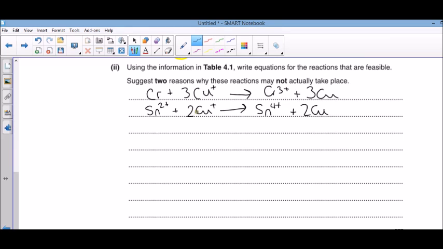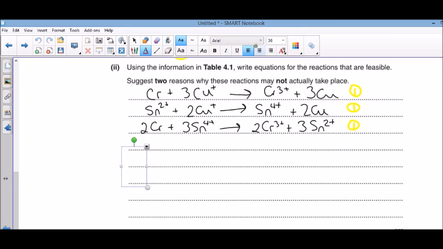Let's do that one: we've got 2 lots of chromium and 3 tin 4 plus, and that's going to make 2 Cr3 plus and 3 tin 2 plus. So there are 3 equations, and we're going to get 1 mark for every one of those equations.